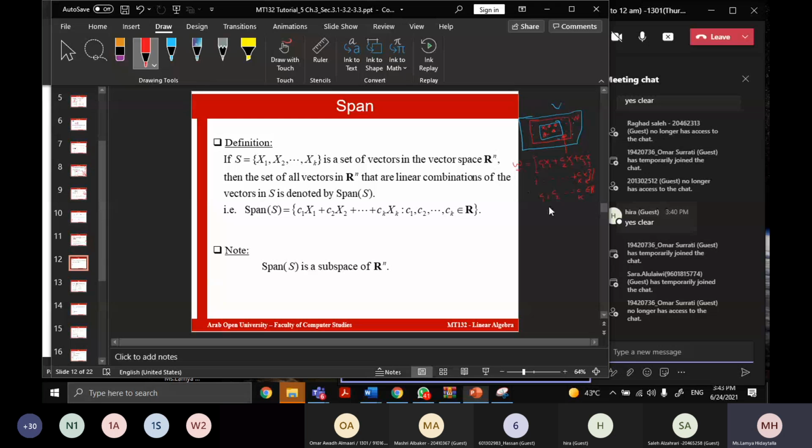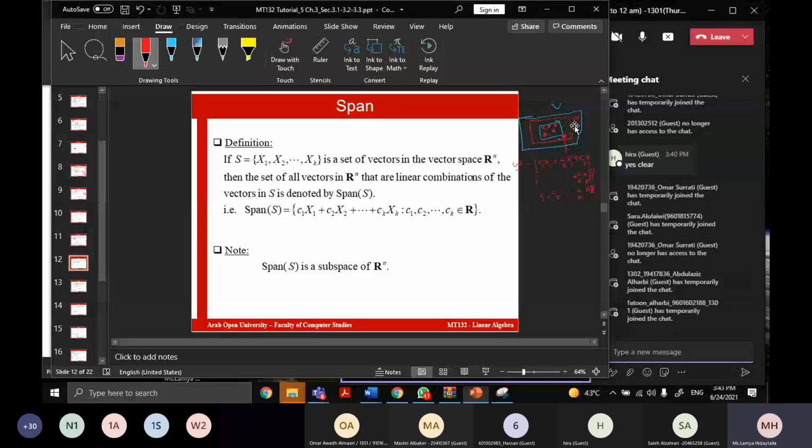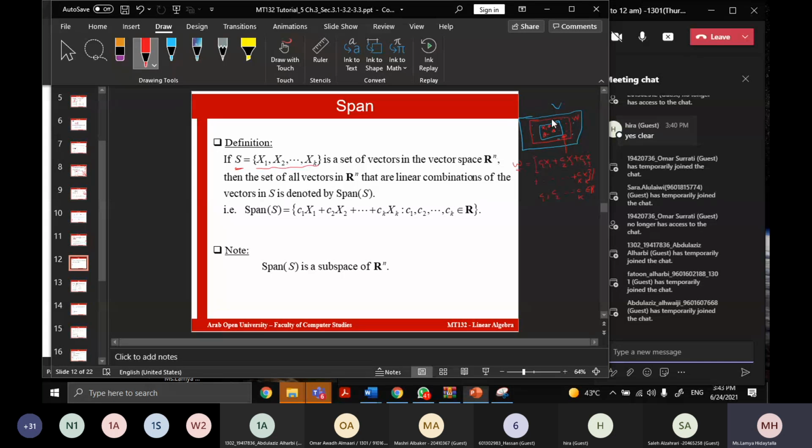Clear? And we give it a name. Since we generated this space only by these vectors, we call it the span of these elements. What are these elements? They are x1, x2, x3, up to xk. We will call this set S, and we use the elements in S to generate my space.